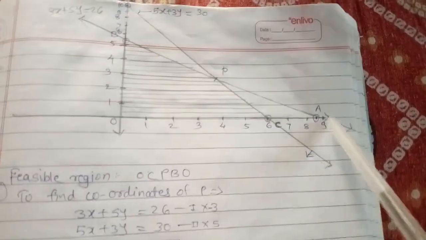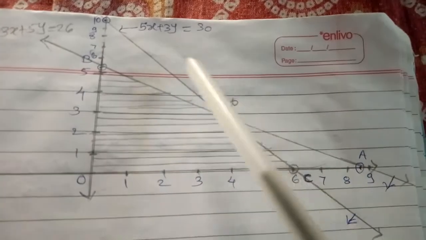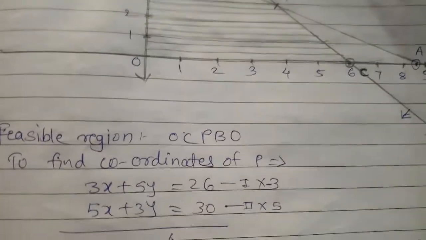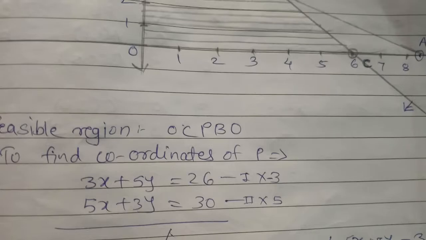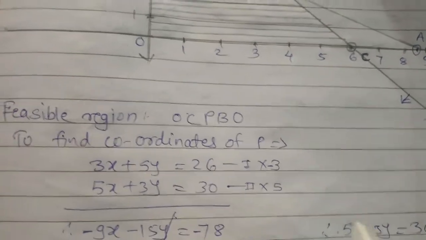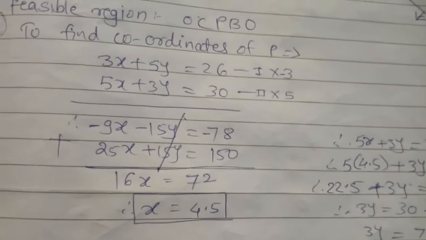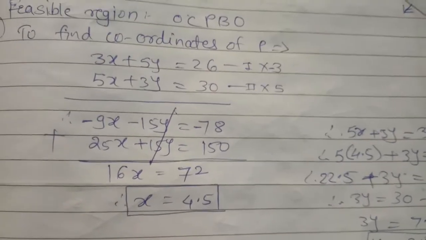So for this, first we have to find out the coordinates of P by using the equations of these two lines. So these two lines are 5x plus 3y equals 30 and 3x plus 5y equals 26. P is the point of intersection of these two lines. So by solving these equations, we get the x coordinate is 4.5.